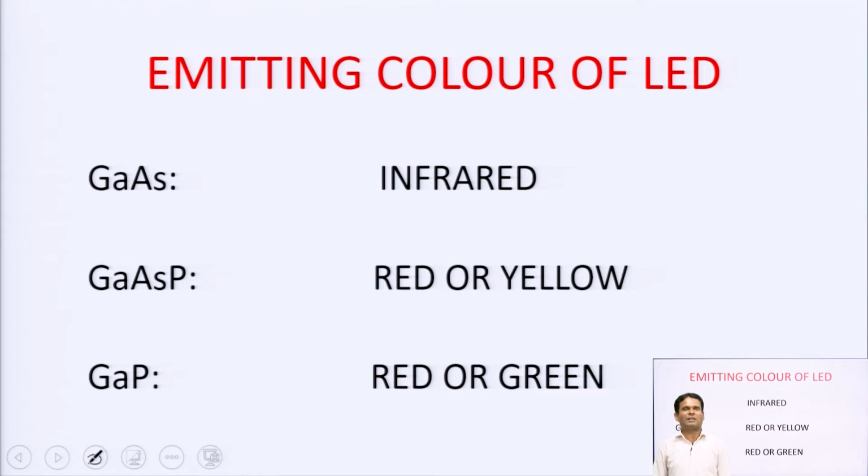So if we change the terminal voltage, the color of the LED may change. The answer is that by changing the terminal voltage, the color of the LED will be changed. All of us use this phenomenon in Diwali also.